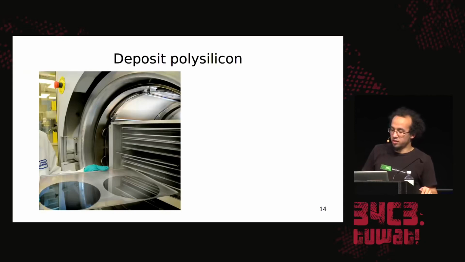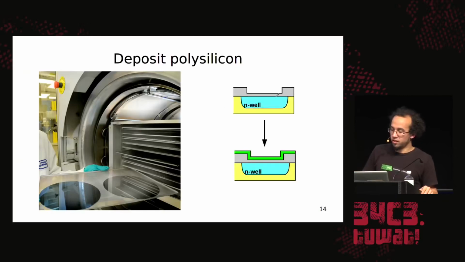You have the ability to heat the chamber with these heating elements. And then whenever a molecule of this gas hits some surface, it gets converted into atomic silicon. And in case of the wafer, you now have a covering of silicon everywhere on your wafer.